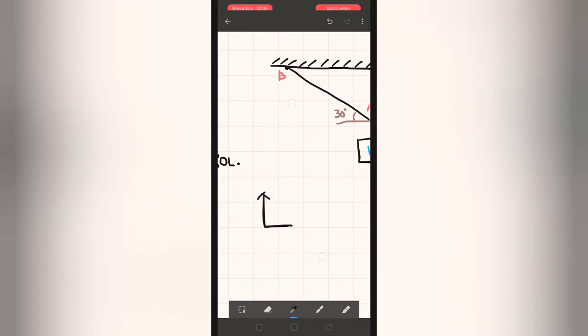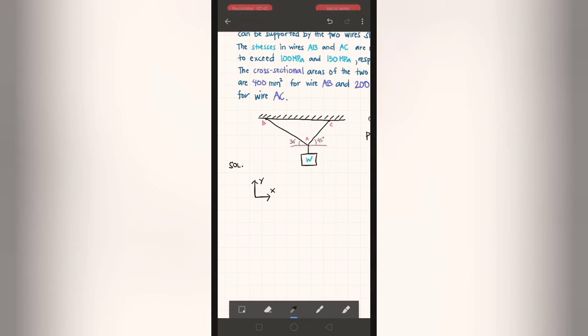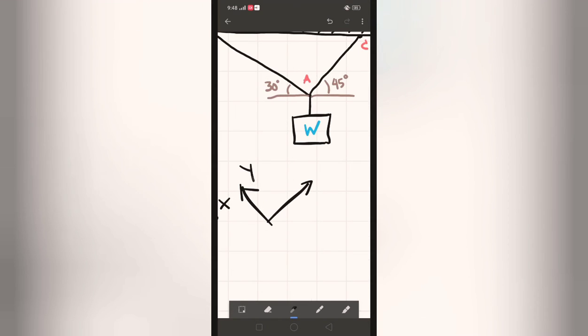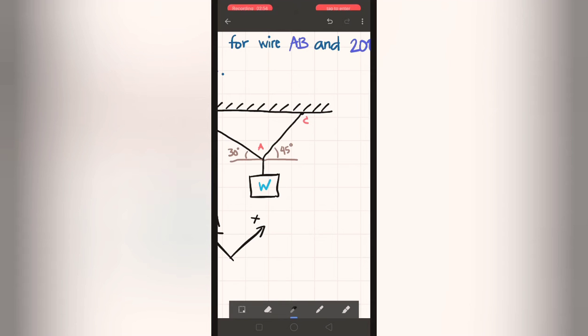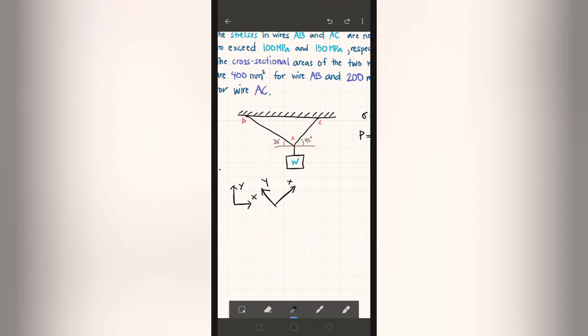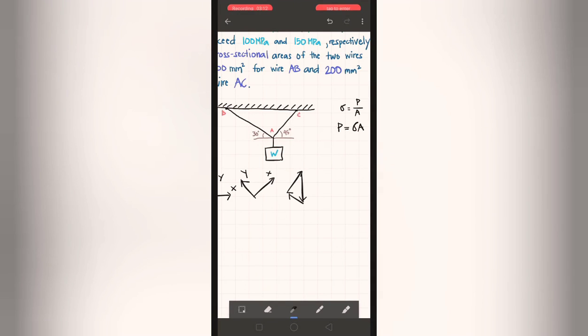Either we do it by summing the forces in the X and Y direction and then equate it to 0 to find the force AB or force AC, or we can tilt the axis parallel to one force here, example AC, in order to cancel out some unknowns for us or for the solution to become shorter. Or the third option is we have to draw a force triangle.